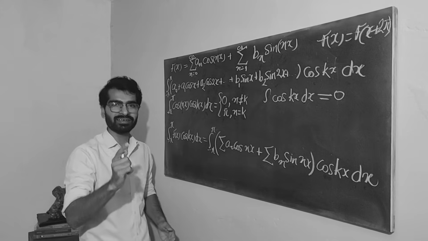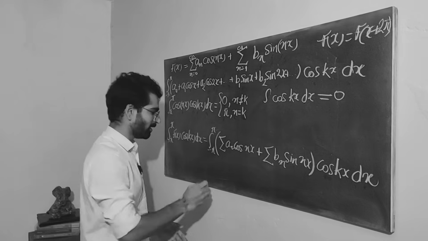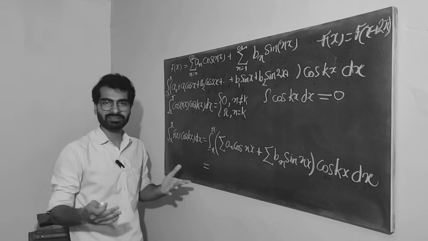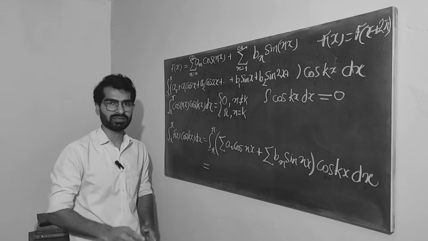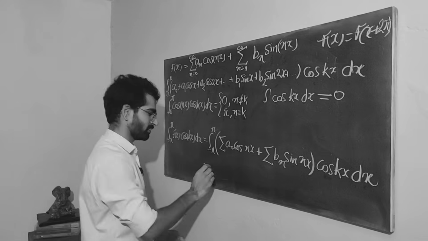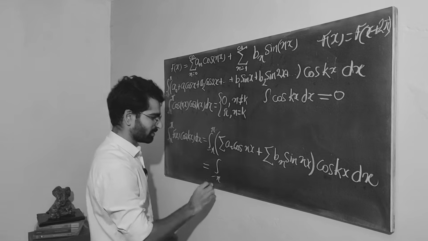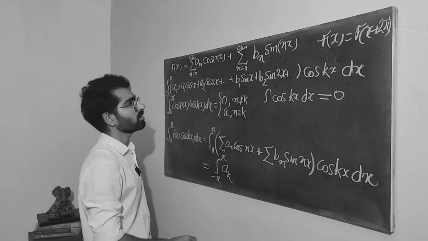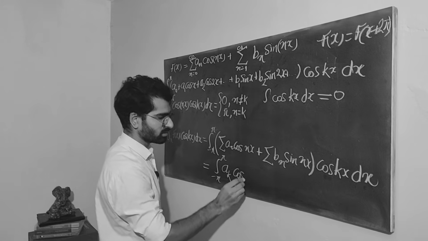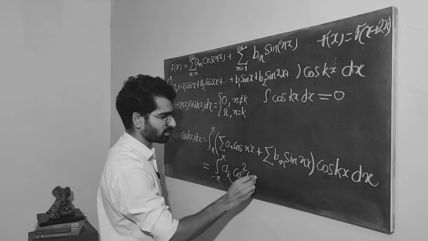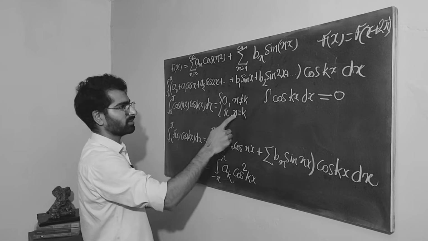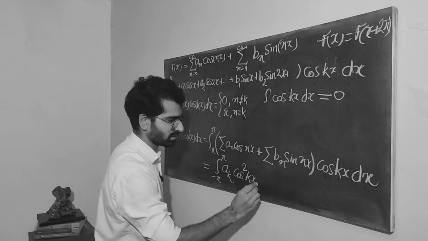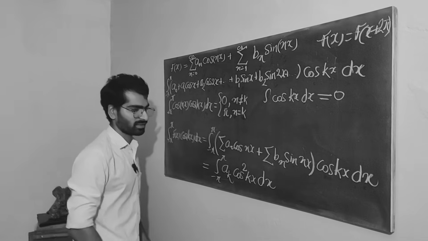So that's the one that survived. That's the survivor. And all of those integrals in this infinite sum, all of them disappear. Only one survives. And that is the integral from minus pi to pi, ak cosine squared kx, right? Because n becomes k, so this becomes cosine squared kx dx.